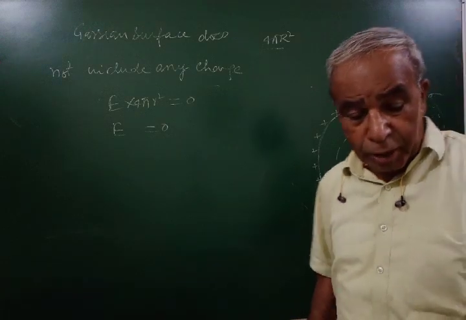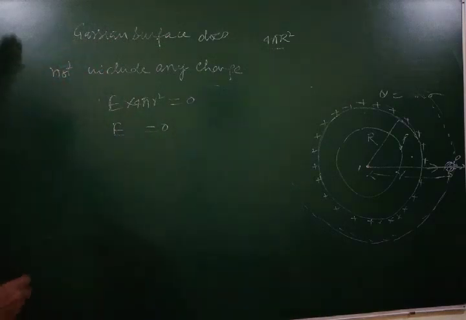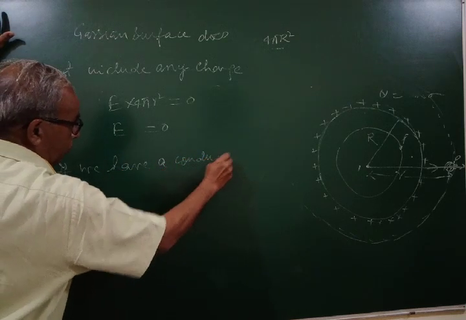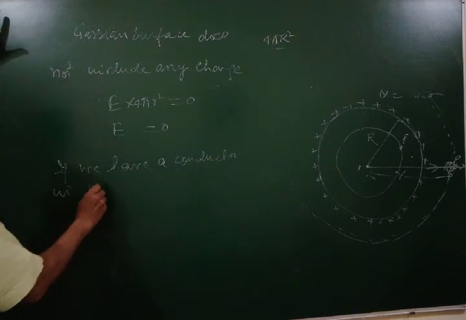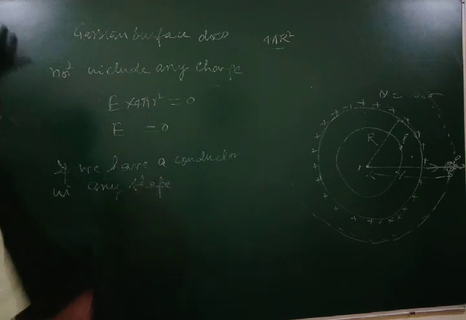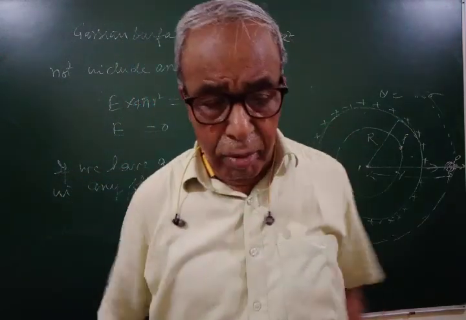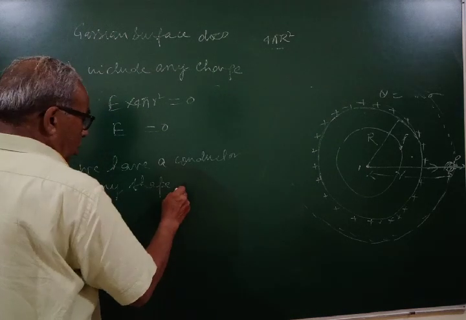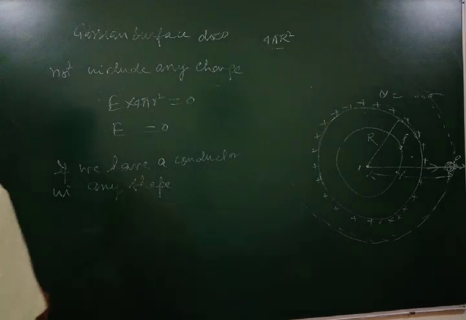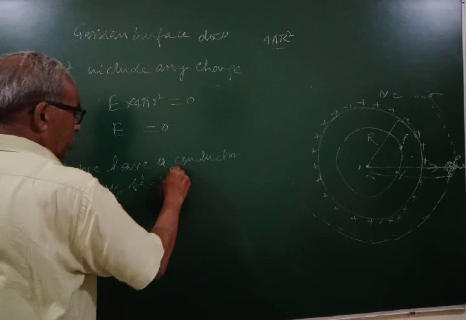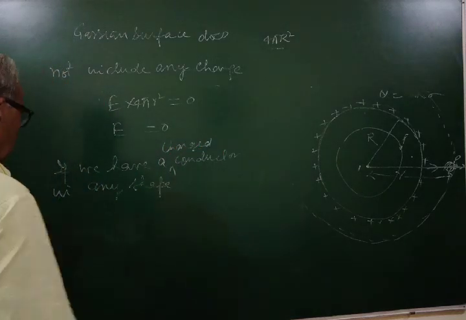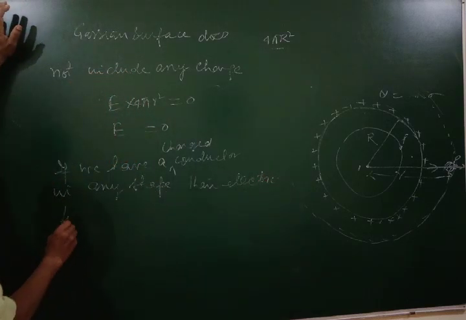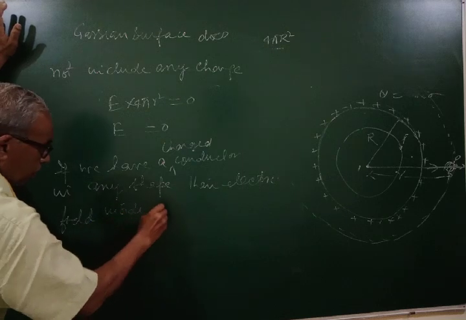If we have a solid sphere of conductor, or a conductor in any shape, whether a solid sphere, a slab, a cube or any irregular shape, if we have a charged conductor in any shape, then the electric field inside it is 0.